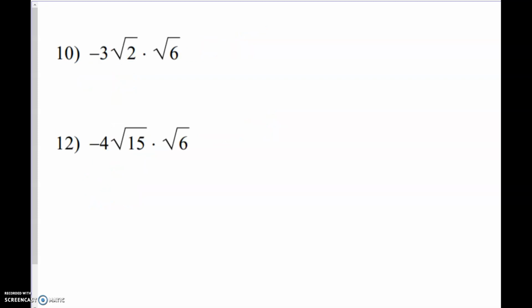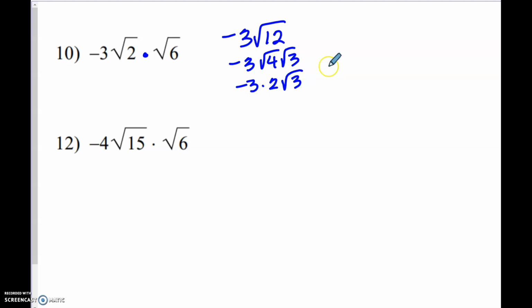All right, number 10. Okay, this is multiplication. So there's a couple ways we can do this, and one is to write -3 root 12. And then root 12 can be broken into 4 times 3. So we have -3 times 2 times root 3. So we have -6 root 3.